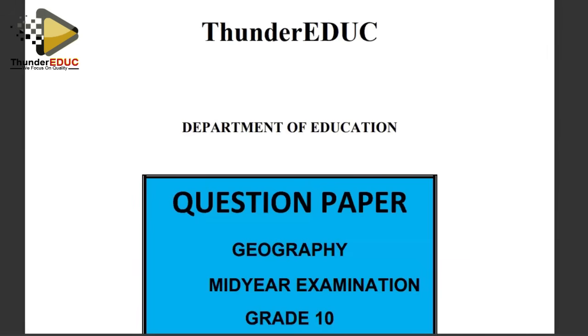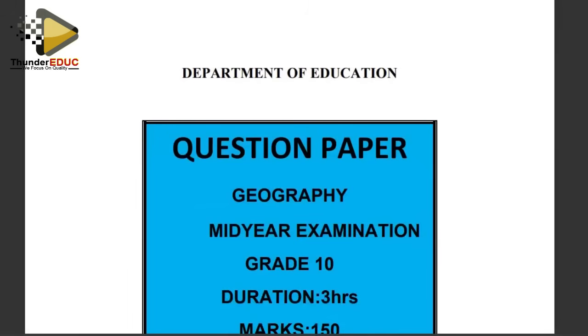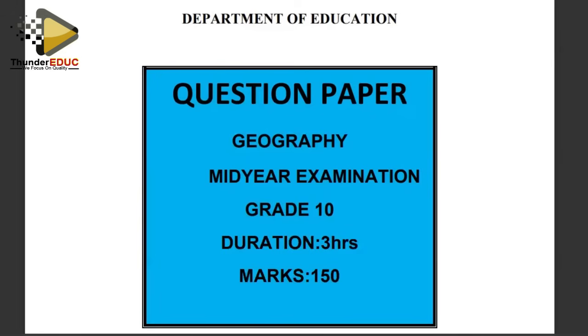Right, you are going to write a junior examination, a full examination paper, and you must understand that your full paper is to be written in 3 hours and has a total mark allocation of 150.